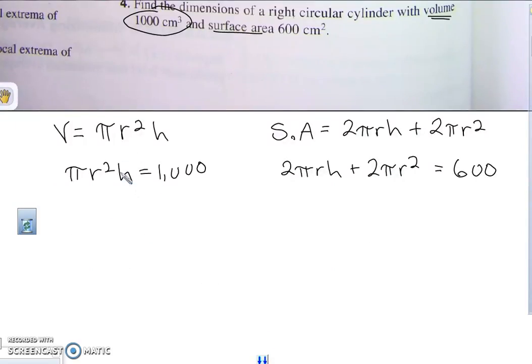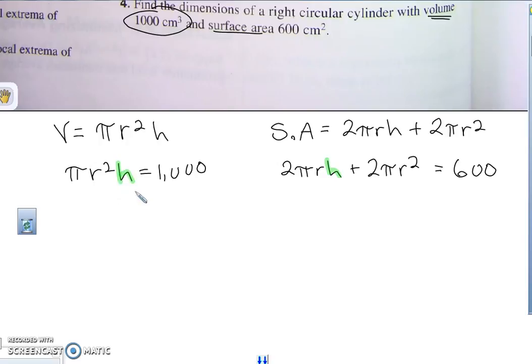Okay, so I'm going to take this volume formula and solve for h. By replacing the volume with 1000, I was able to narrow this down to only two variables, the r and the h. Now I'm going to solve for h so that I can then plug it in to the h over here and solve the problem.